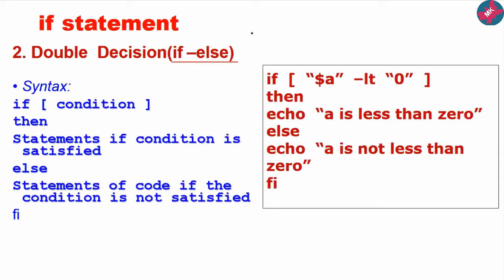See here, again I have repeated the same example. After echo, I will write else, then another echo statement, and finally it will be terminated with fi. So this is double decision implemented by using if else.